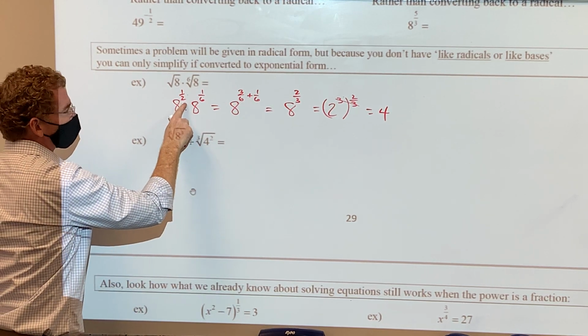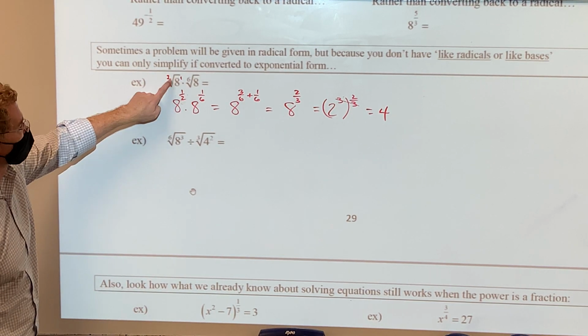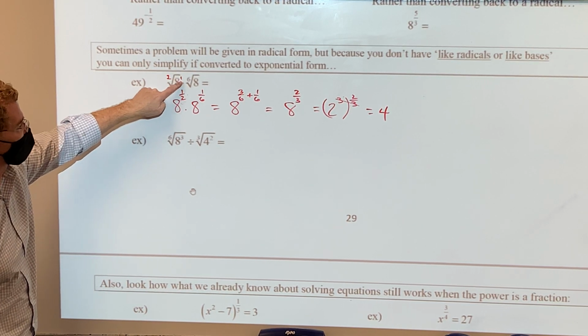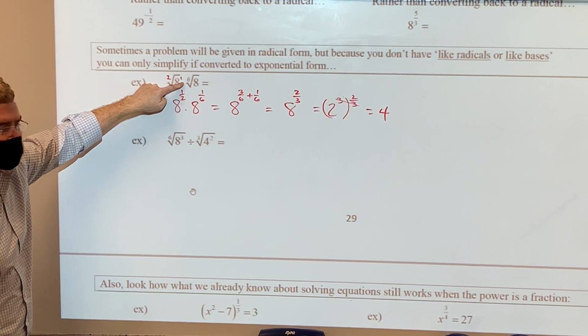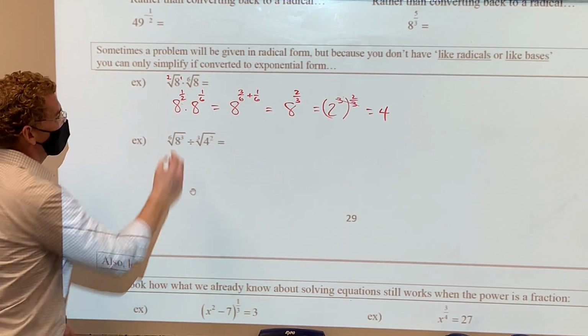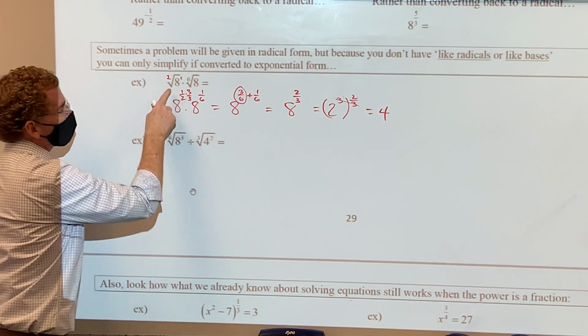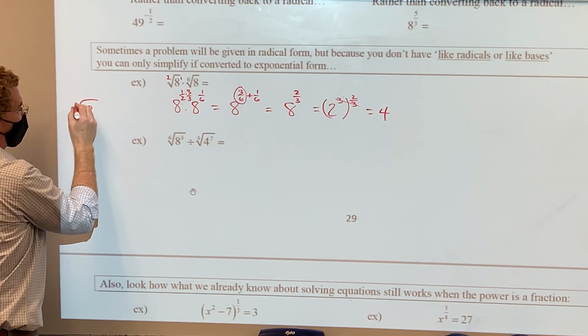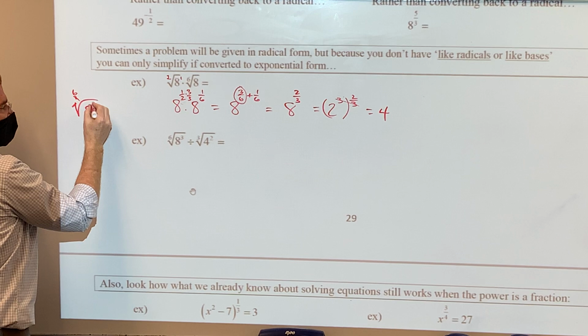So then wouldn't that mean that if that's a 2 and that's a 1, what I really did was multiply that and that both by a 3? Are you following me? I can do that because it's the same thing as multiplying this and this by a 3. That's how I got that. Well, that means I could take something like a root 8, which is the square root of 8 to the 1st, and multiply that by a 3 and that by a 3.